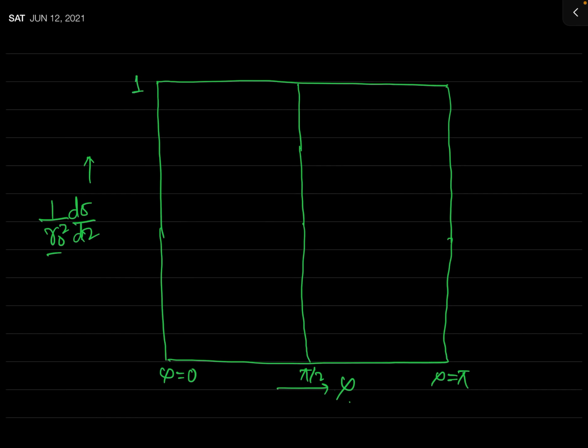And when phi is equal to pi by 2, then you have seen that the scattering cross section is 0 in both of the cases. You can compare the result of the plane polarized wave and the unpolarized wave. And again at phi equal to pi, this scattering cross section becomes maximum.